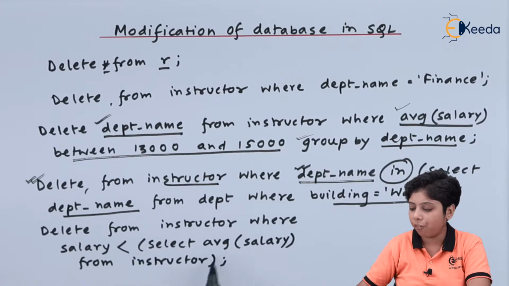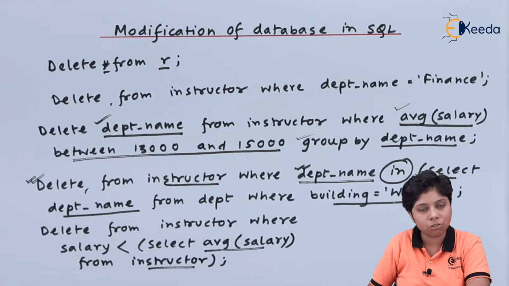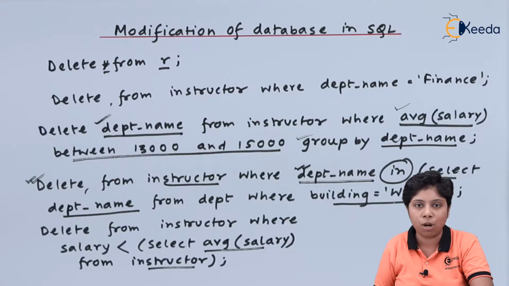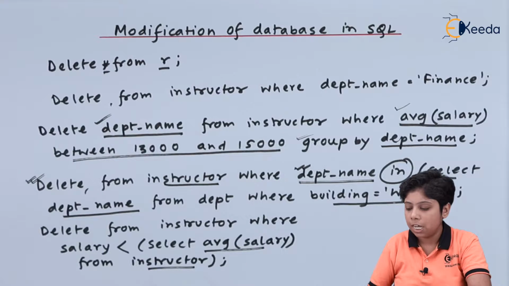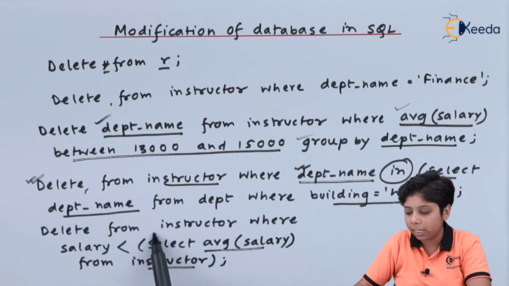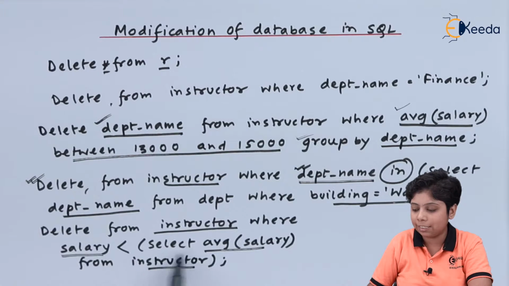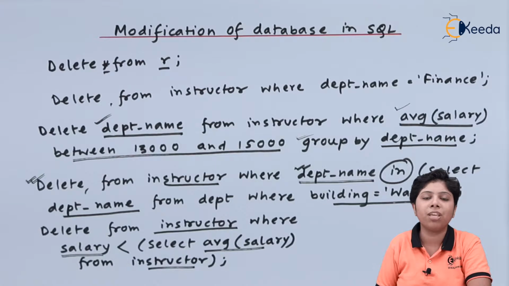So first we are finding the average salary from the instructor relation. That will give the average salary of all the instructors from all the departments. Now I want to delete the instructor records if the salary is lesser than this salary that we have calculated.